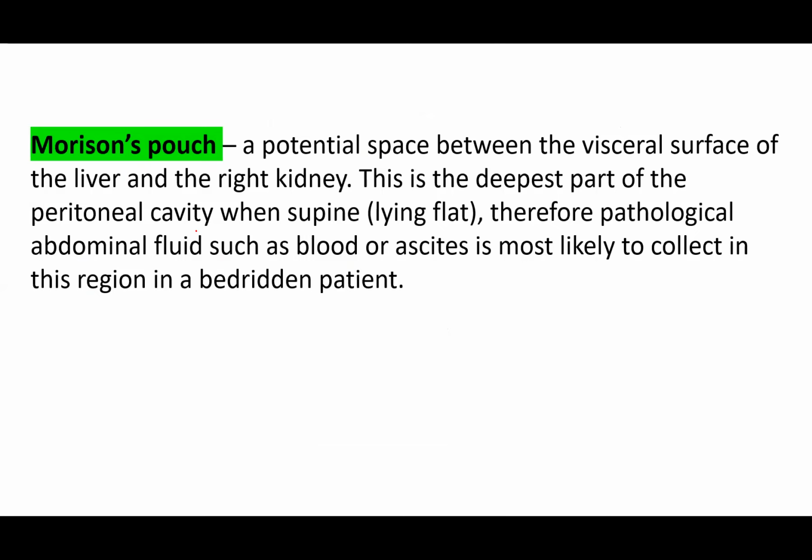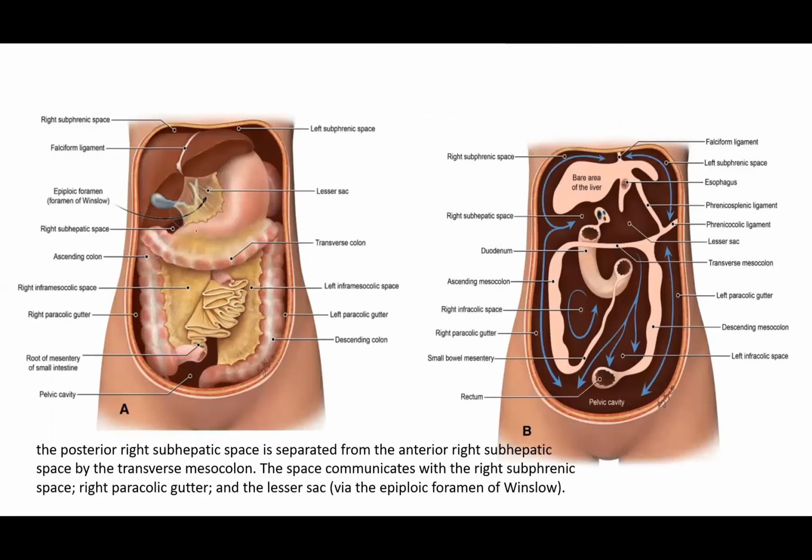Therefore, pathological abdominal fluid such as blood or ascites is most likely to collect in this region in a bedridden patient. Now let's see more about this Morrison's pouch, because it's an important space, the deepest, where a bedridden patient is more likely to collect fluid.